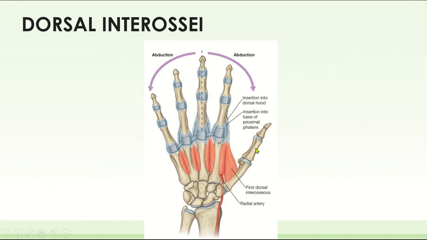Now we study about dorsal interossei muscles. Here we can see this is the first dorsal interossei muscle, and second, third, fourth, and they are involved in abduction and adduction.